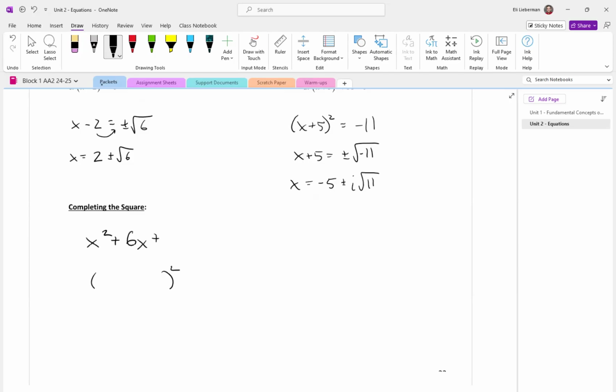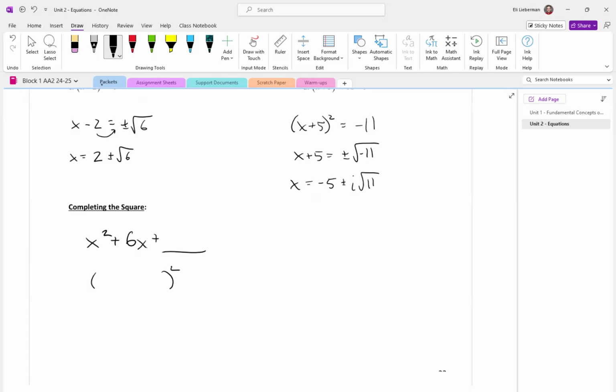Would you check in with your neighbor to see what you're going to have to add? I'm going to put a little underline there. Show me what we're adding here.